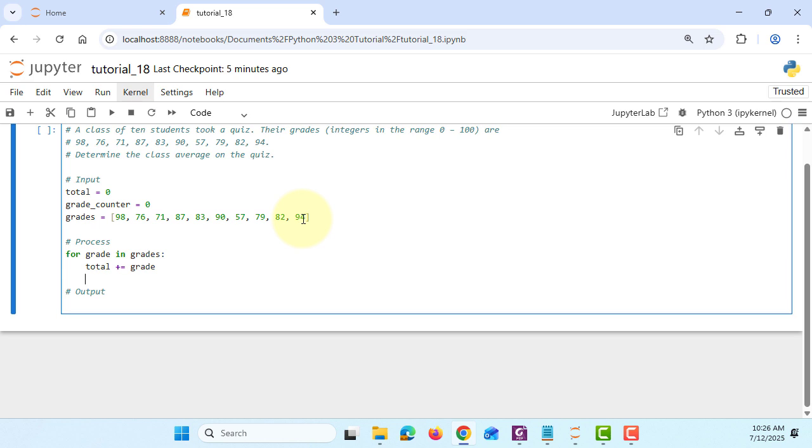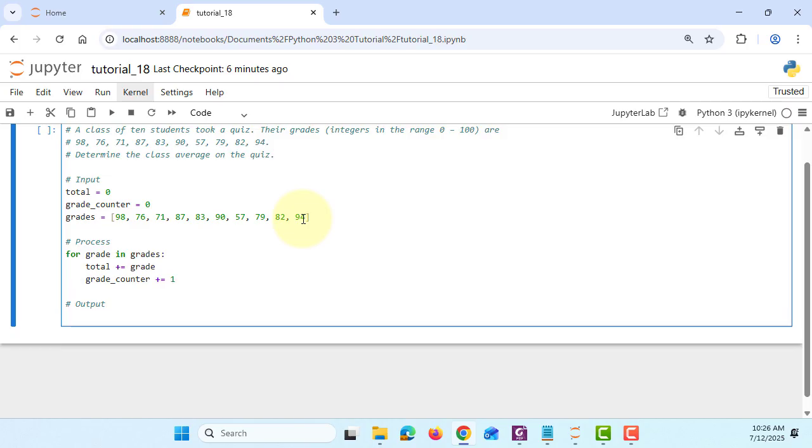Also, we like to know how many students we process, or how many students' grades we process. So we increase by 1. Okay. This is not quite necessary if you don't want to, but let me just go ahead and then do the average.